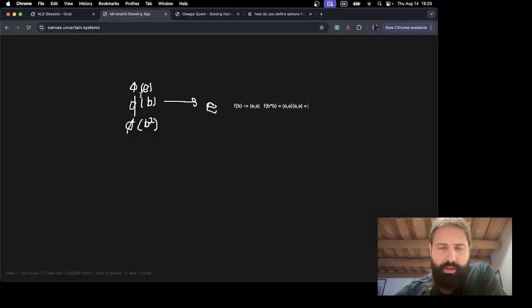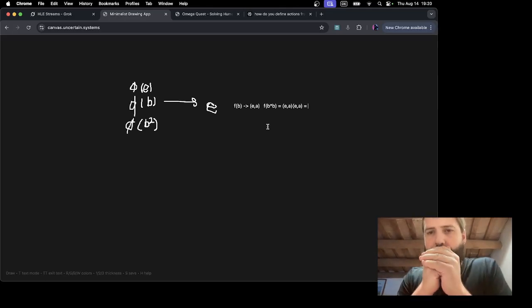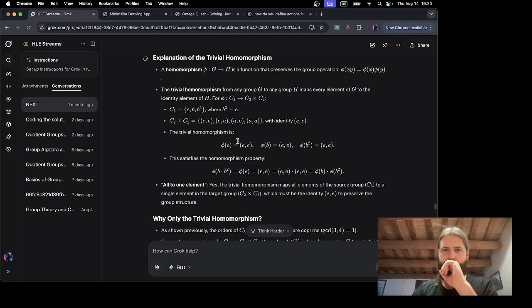But then this means that if B is EA, then F of BB is EA times EA, which is EA squared, right? But EA squared is not really defined.